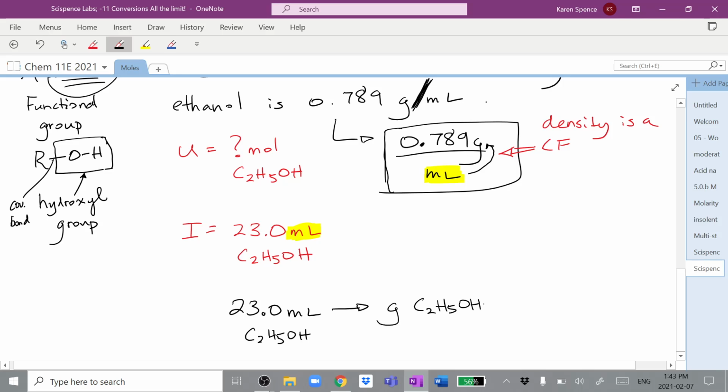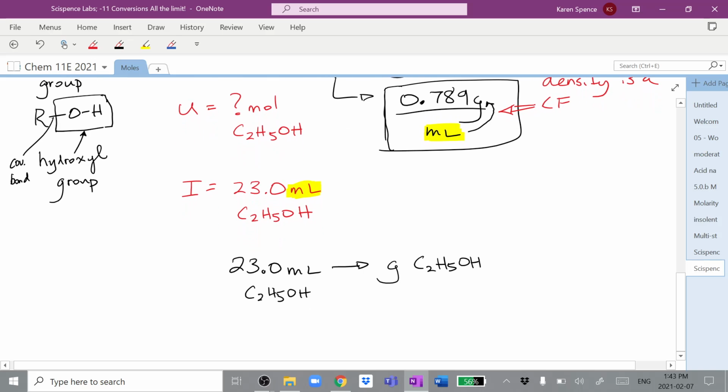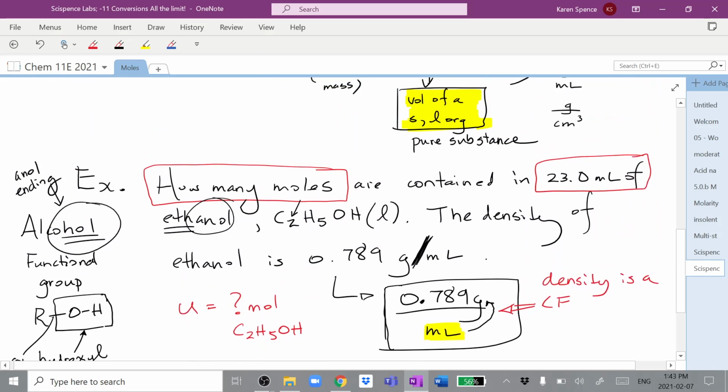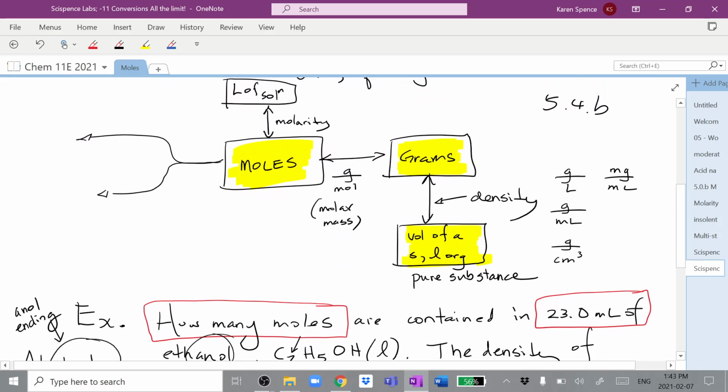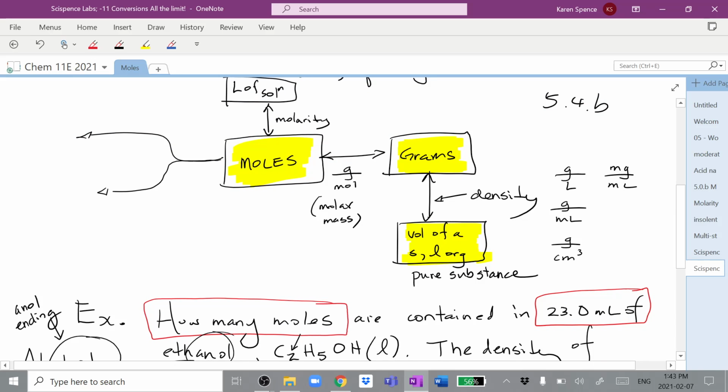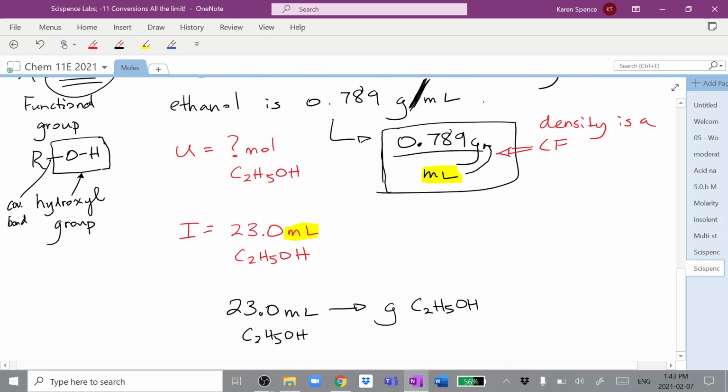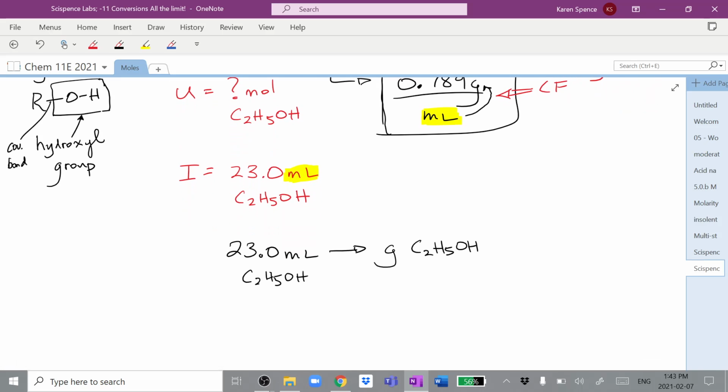And I hope that right now you don't even probably have to look at this exciting little map up here, because you're like, hey, I can do this volume gram conversion using density, and I know I can do a gram-mole conversion using molar mass. However, if the little map makes you more secure, happier, please feel free to use it.